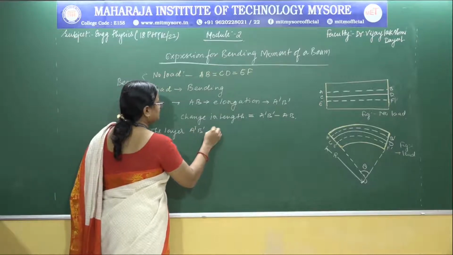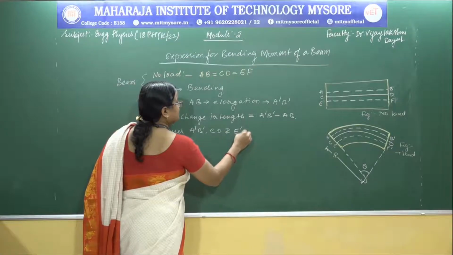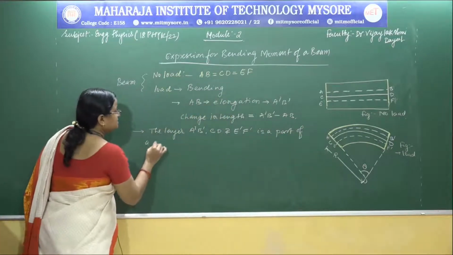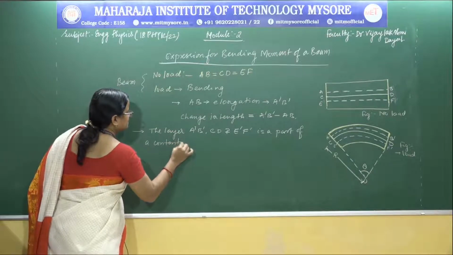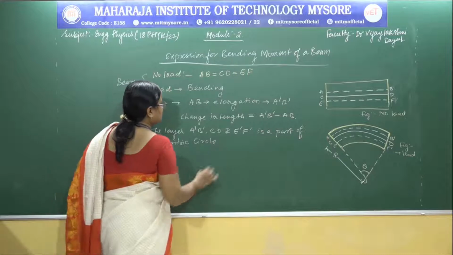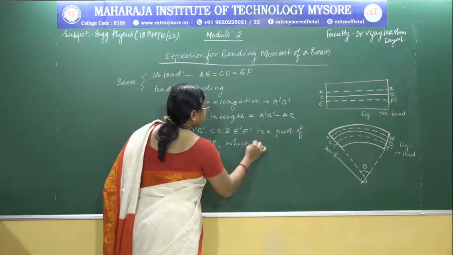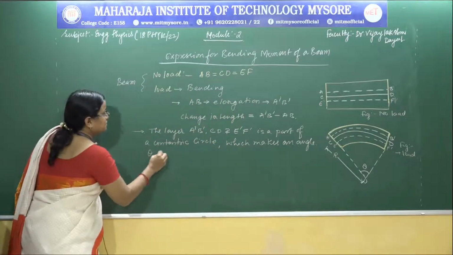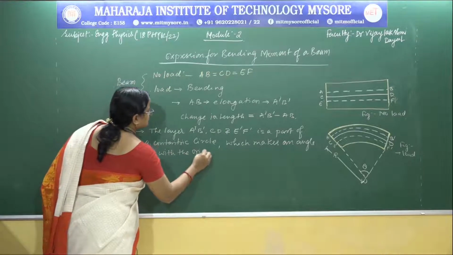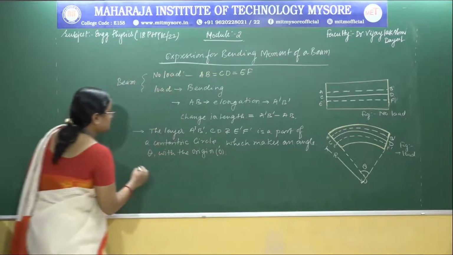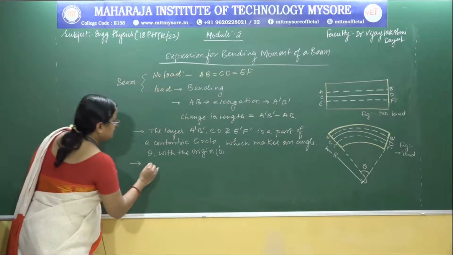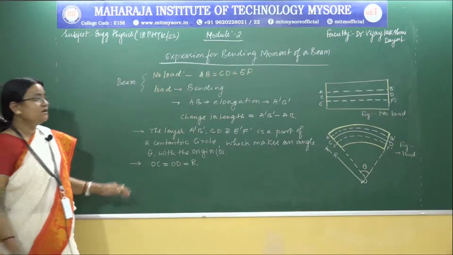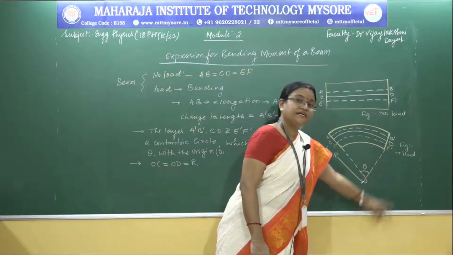So we consider that the layers A'B', CD and E'F' are part of a concentric circle which makes an angle theta at the origin O. So we can say that length OC is equal to OD is equal to R, the radius of the circle which is made by CD.